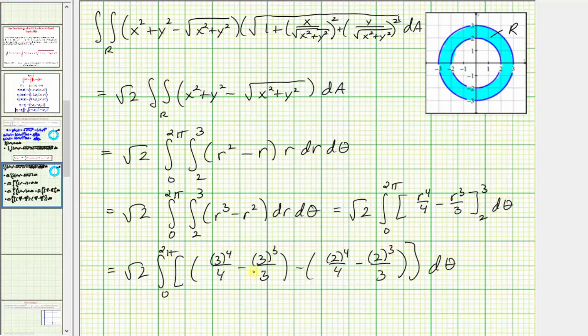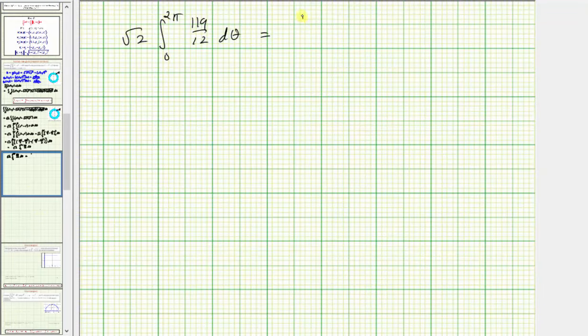To save some time, I've already evaluated this. It comes out to 119 twelfths. So we have the square root of 2 times the integral from 0 to 2 pi of 119 twelfths d theta. Let's go ahead and factor out the 119 twelfths and continue on the next slide.